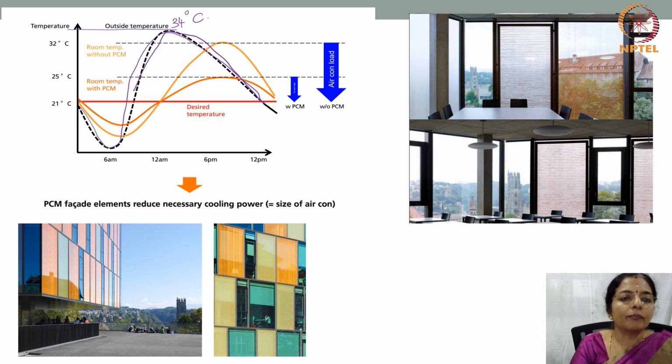Now, when the room temperature is without PCM, just with the glazing, the maximum room temperature is 32 degrees centigrade, and with PCM, the indoor temperature remains at 25 degrees centigrade.